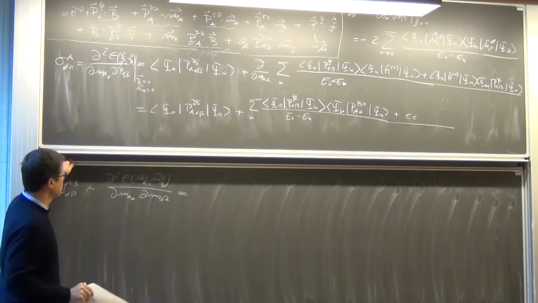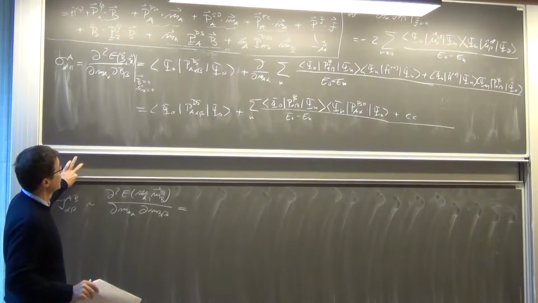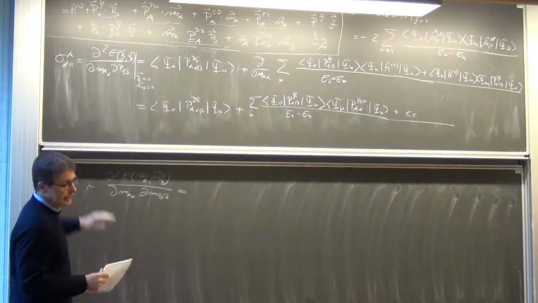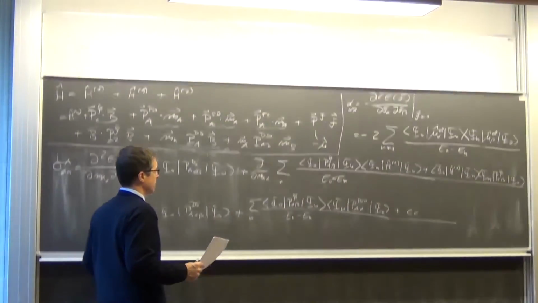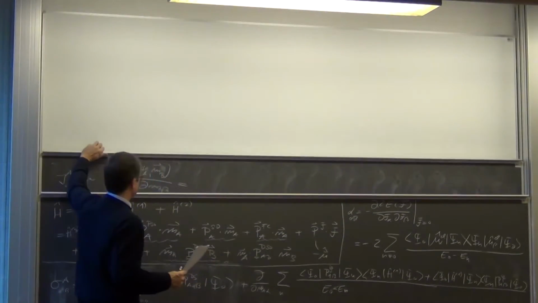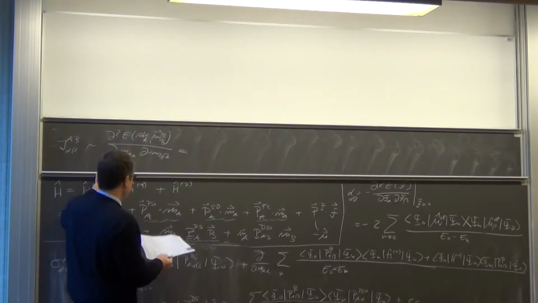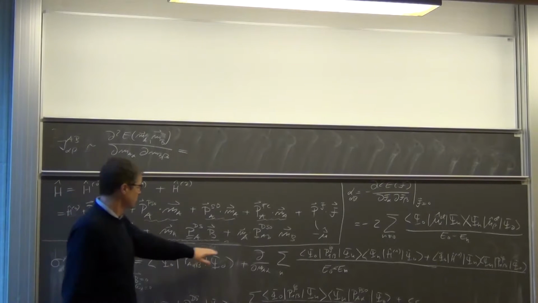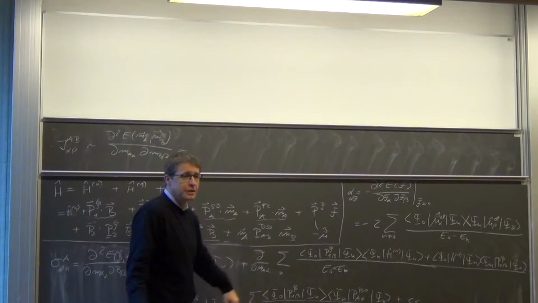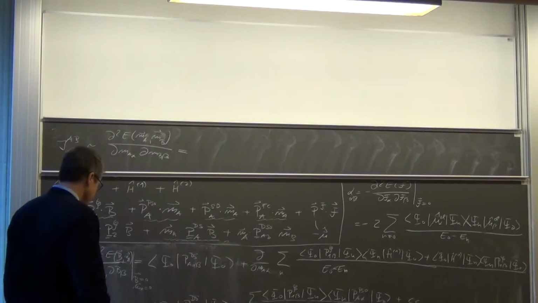So now I need all the terms which are linear. I guess I should put it this way around. I need all the terms which are linear in nuclear magnetic moments, those three, and I need the one which is bilinear in two different nuclear magnetic moments.